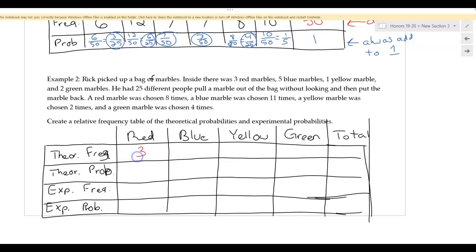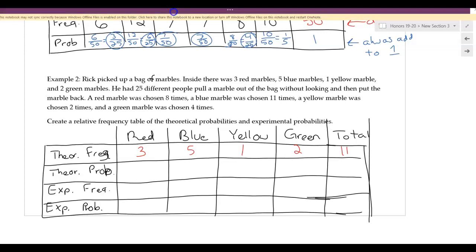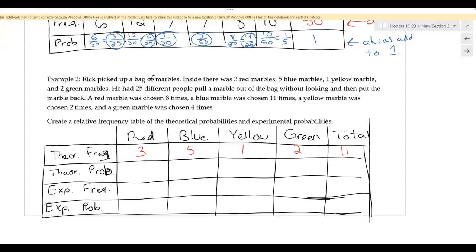Well, there are 3 red marbles in the bag, 5 blue marbles, 1 yellow marble, and 2 green marbles. If I add all those up, there's 11 total marbles in the bag. So that's just theoretical. We haven't actually done anything with these marbles.